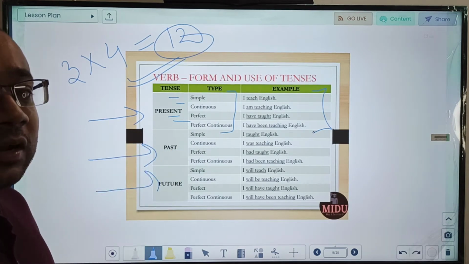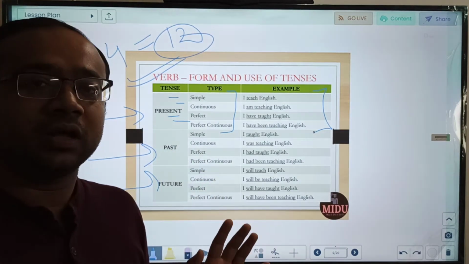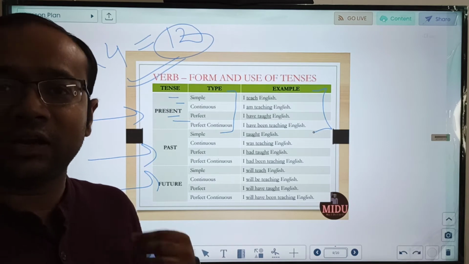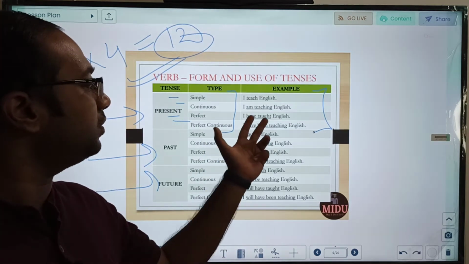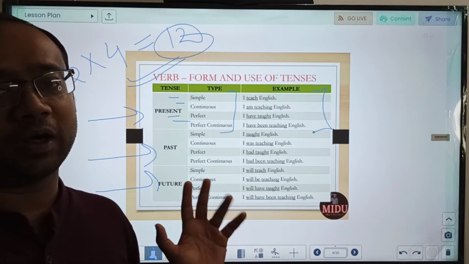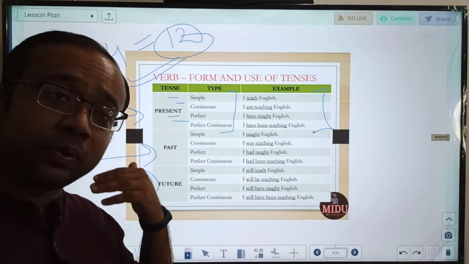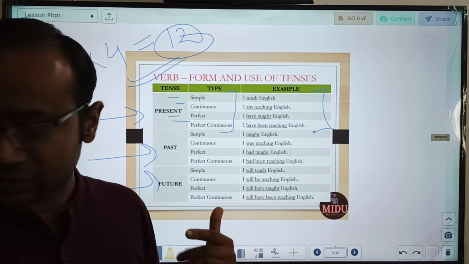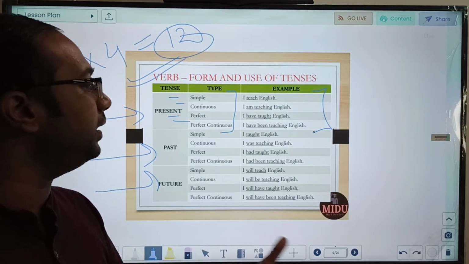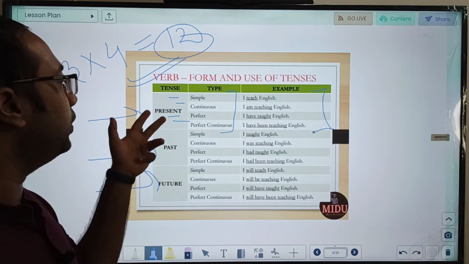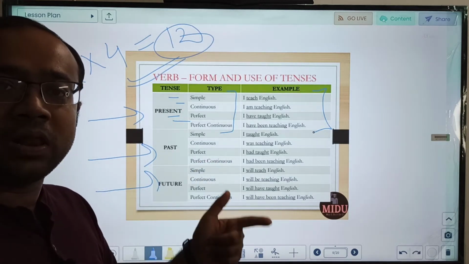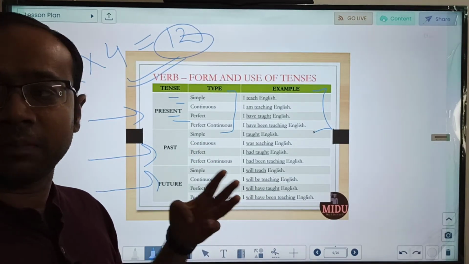So this means that the person did this thing, he has taught it. It might not be necessary that the action is currently ongoing, but this is something related to the present only, not his past or future. Perfect continuous, he started doing it and is continuing to do it, that is perfect continuous. I have been teaching English. So these were the four forms of present tense: simple, continuous, perfect and perfect continuous.